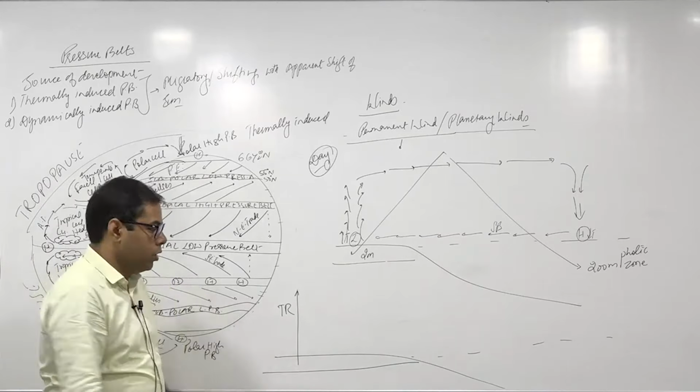Number six is the adequate terrestrial radiation. Right? Here you can also write stable atmosphere.